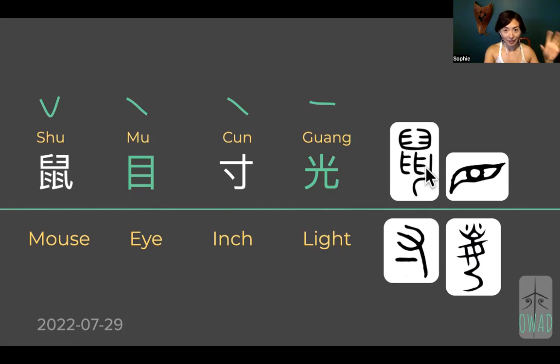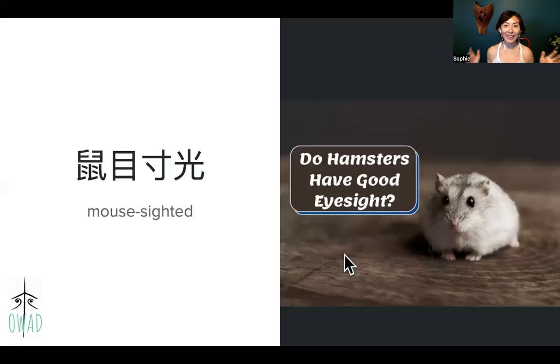See if it can make logical sense for you. 鼠目, depicting the mouse's eye, right? And 寸光, depicting the eyesight, how far it can see. It's actually inches away. So this is another way to say it's extremely short-sighted, just like what a mouse can see.